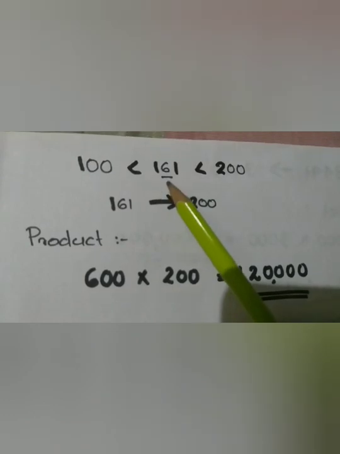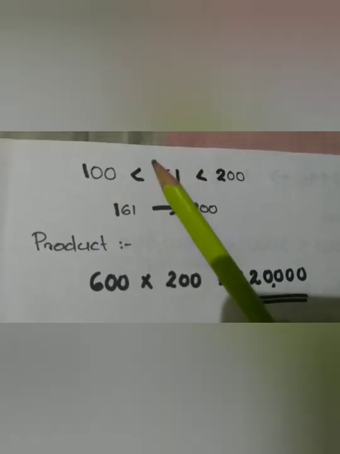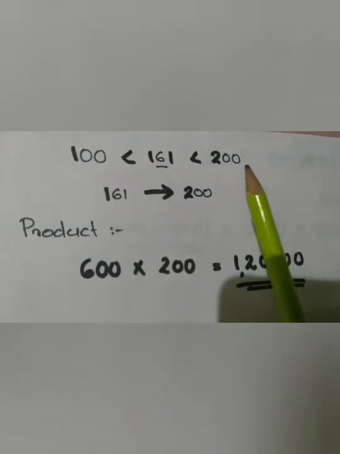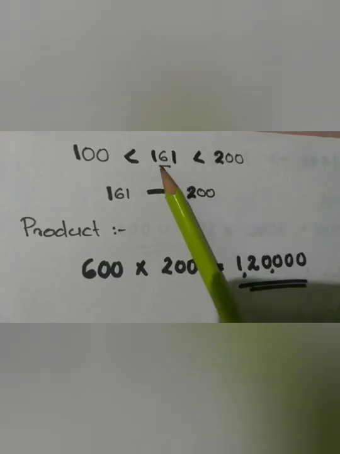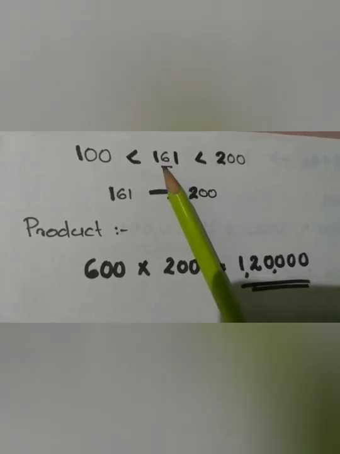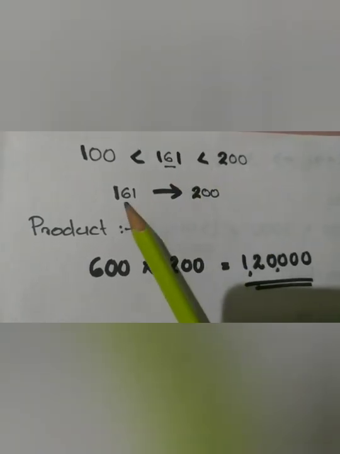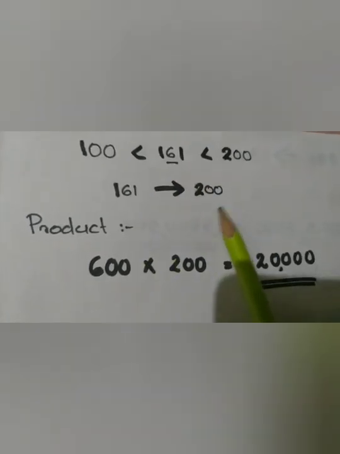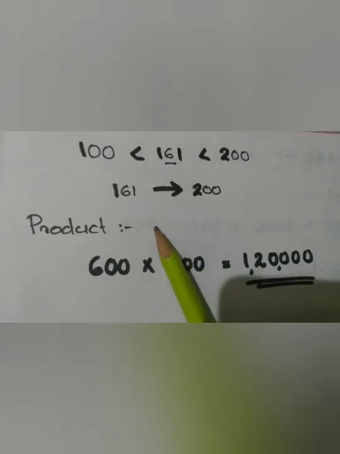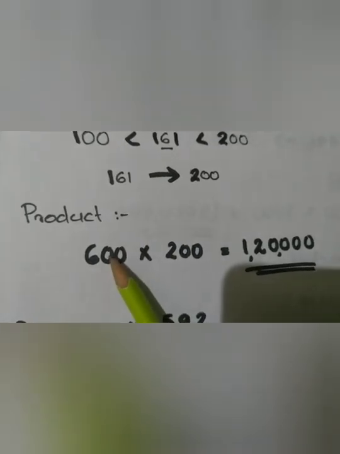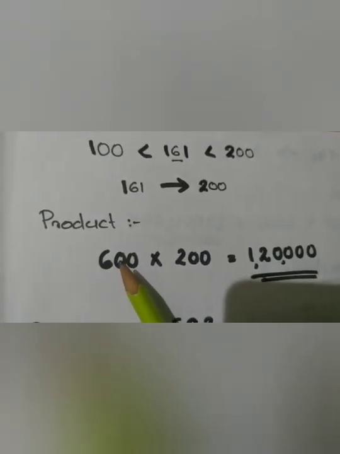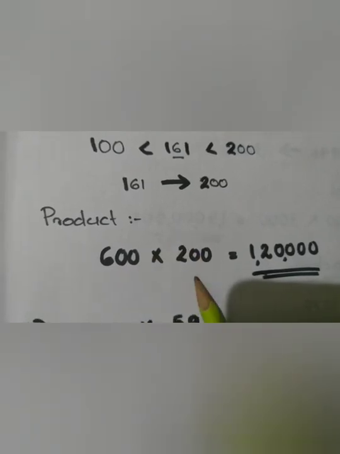Next is 161. 161 is between 100 and 200. Now here, in the tens place it is 6. So when 6 comes we are rounding up. So we rounded 161 to 200. Now we rounded 578 to 600 and 161 to 200.